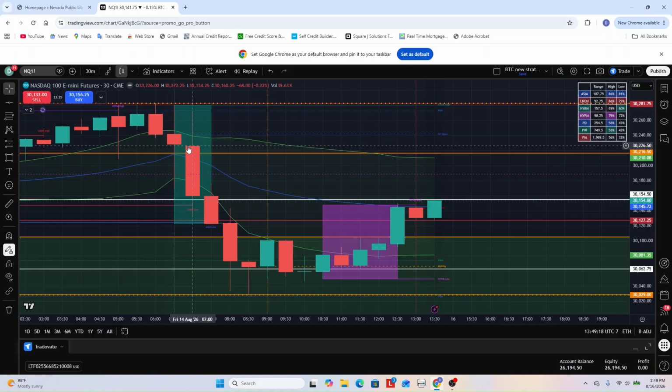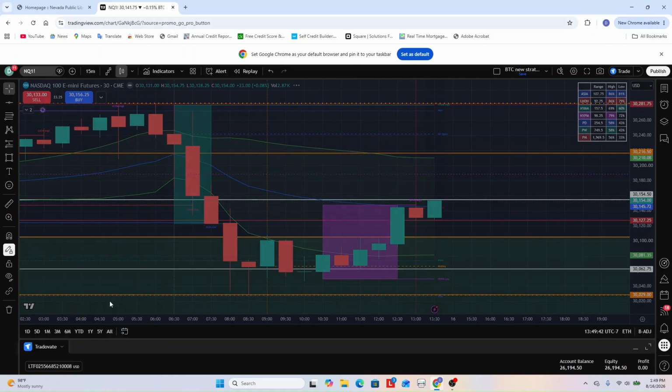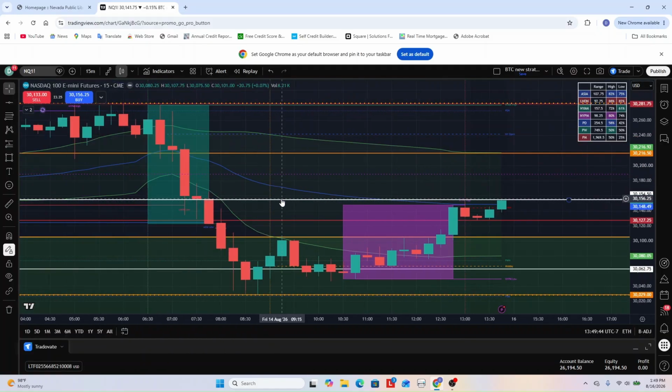Could it potentially get up here overnight during London session? Maybe. Could it get up here come tomorrow, New York session? Absolutely. And so, yeah. For the 30 minute, this will be an area that I would be looking at. And even for the 15 minute, again, these will be areas that I would be looking at.